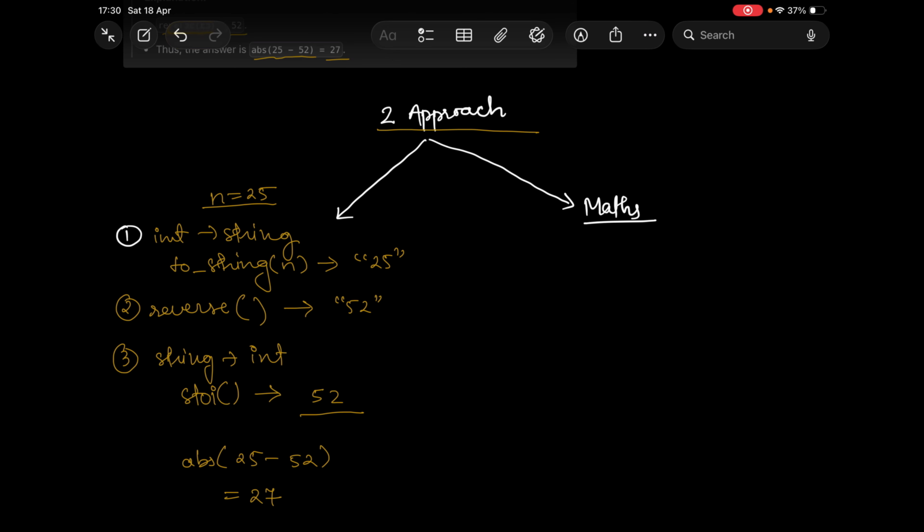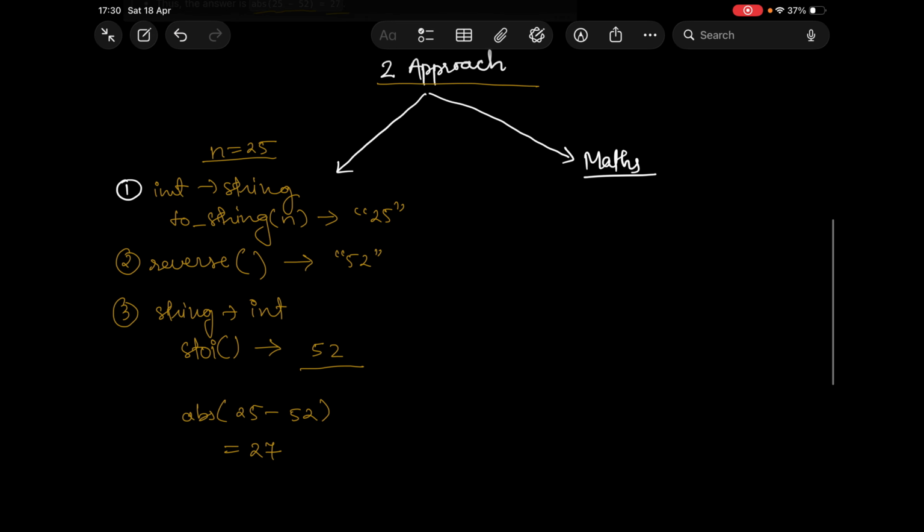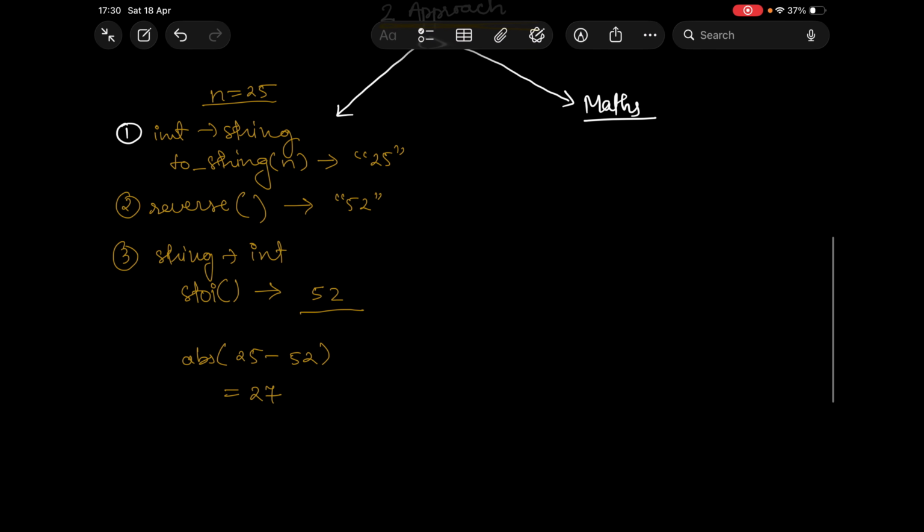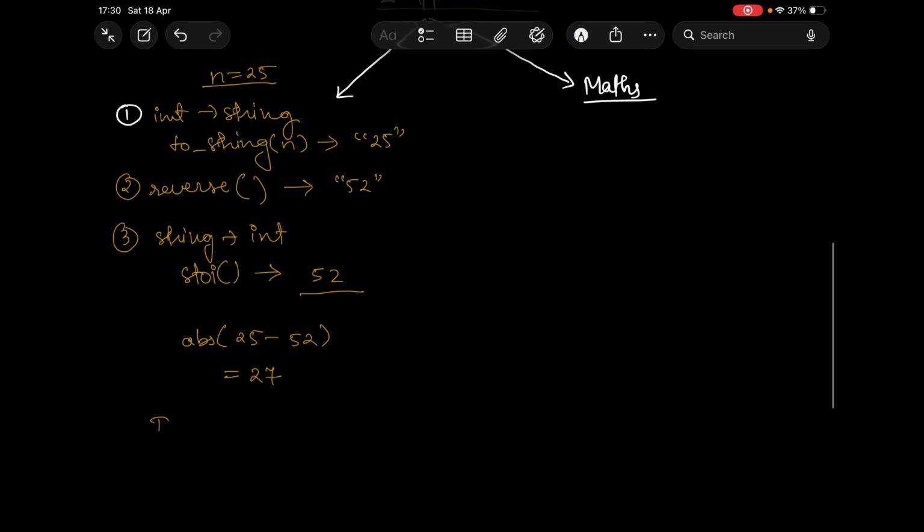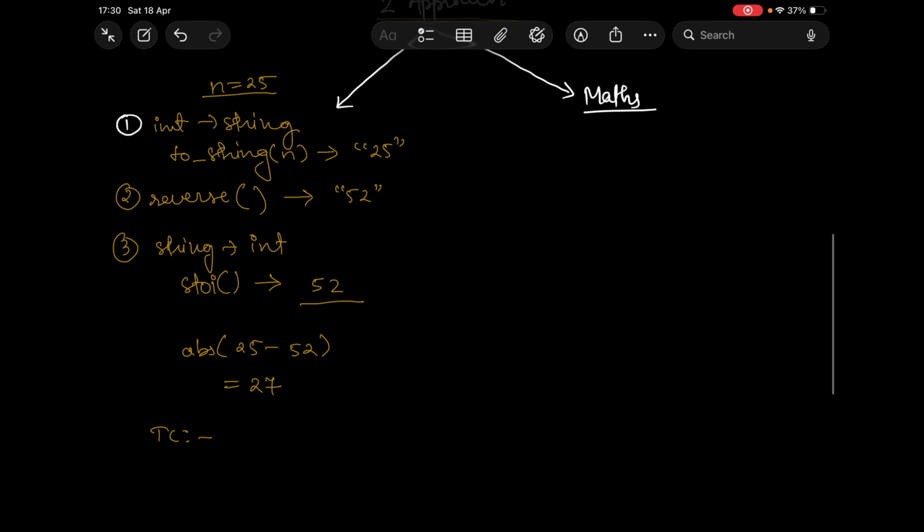And when we look at this problem, what is the time complexity? If we see the time complexity for this one, there is one operation in which we are converting it to string, then another operation where we are reversing it, then another operation where we are converting it back to integer. So the reverse of this number will take time proportional to the number of digits.